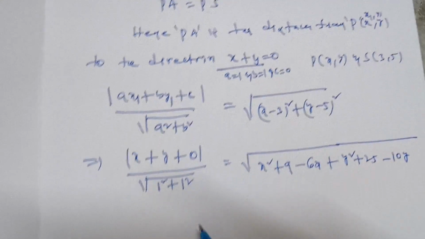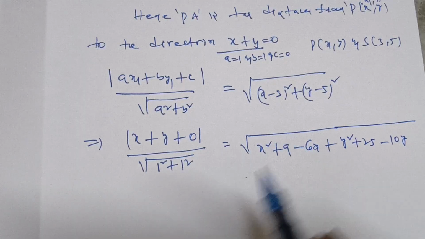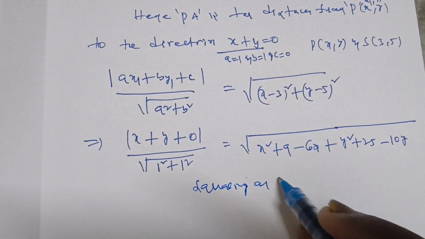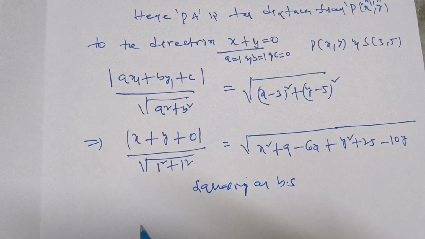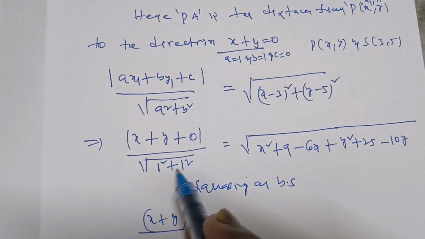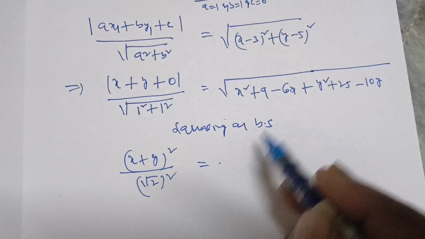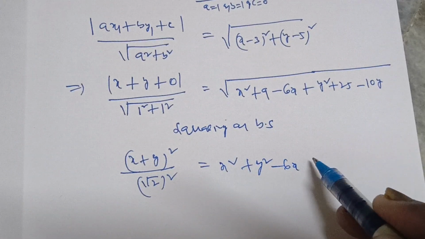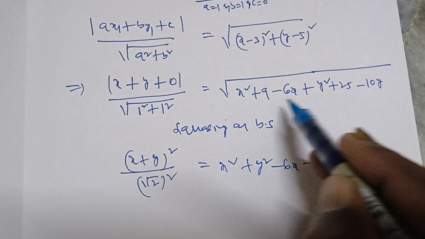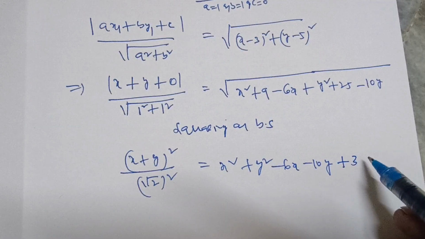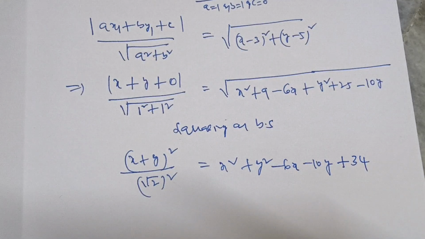Now squaring on both sides to eliminate the root, we have (x + y) whole square by root 2 whole square, equals x square plus y square minus 6x minus 10y plus 34.